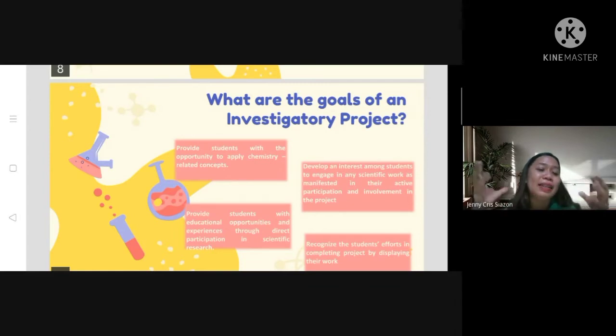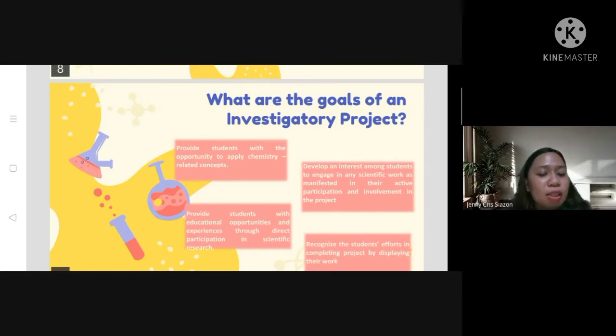No? Kasi sabi nga nila, ang paglago ng ekonomiya ng isang bansa ay nakadepende sa science and technology research na meron sa isang bansa. Okay? So maganda, this one is a training ground for you students, no, to become scientifically literate and to enhance your skills that is really needed for you to become good citizens in our country.